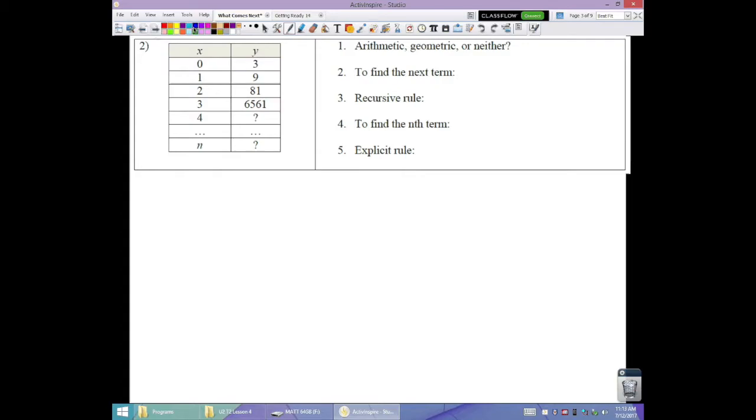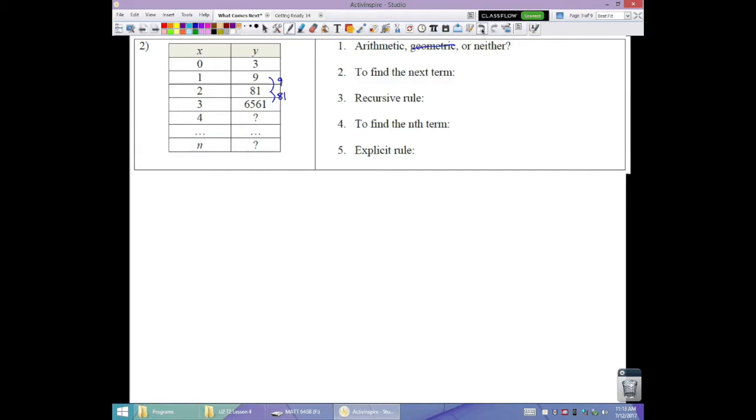Okay. Number 2, if we start from the back, 6561 divided by 81 is 81. 81 divided by 9 is 9. So it's not geometric because I did not get the same value when I divided.